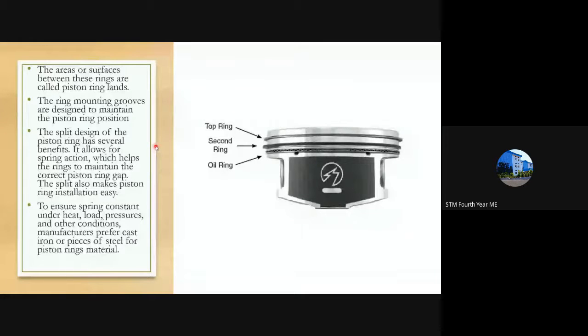In the original position, the split ring gap will be much higher than when in the cylinder or inside the combustion chamber. So due to that spring action, the piston ring expands slightly, and that provides sufficient contact with the cylinder walls. The split also makes piston ring installation easy.